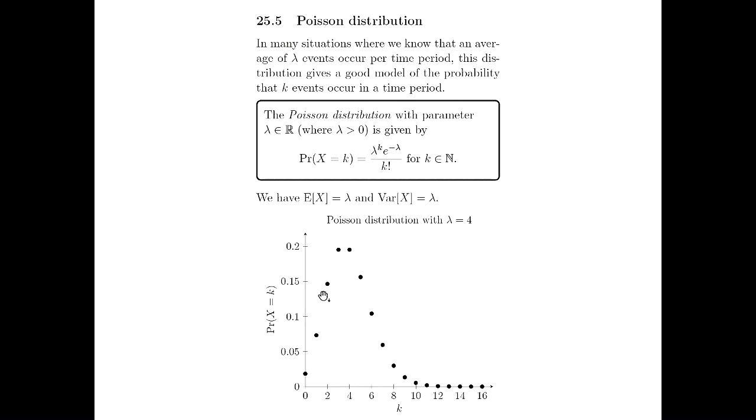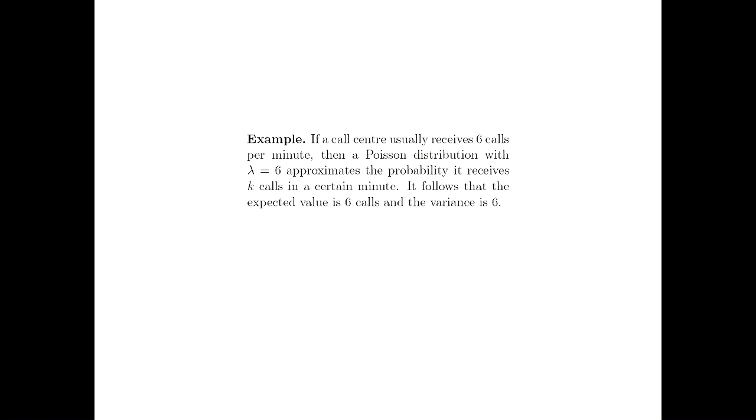And it looks like this slightly sort of bent normal distribution, right? Can never be negative. It can be really big, but its chances of being really big are really small, right? Okay. So if a call center usually gets 6 calls a minute, then it's going to be fairly well approximated by a Poisson distribution.